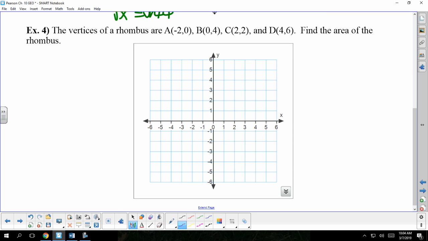So let's go ahead and graph these points. We're given that these points form a rhombus. We want to find the area of the rhombus.